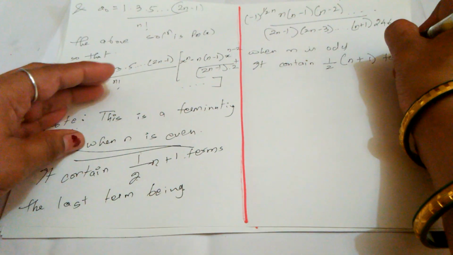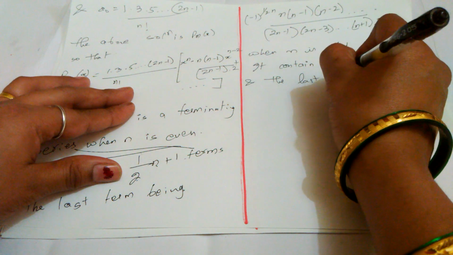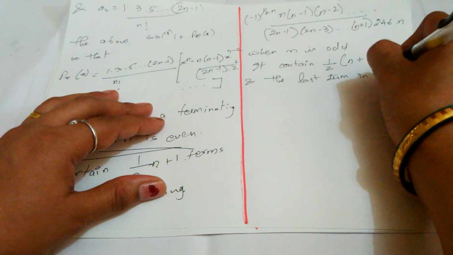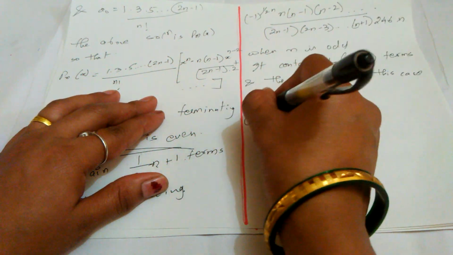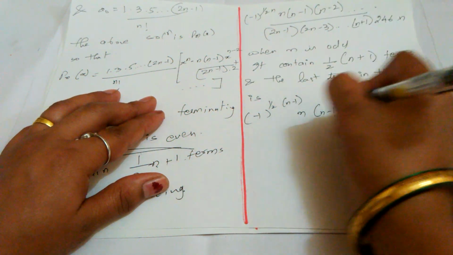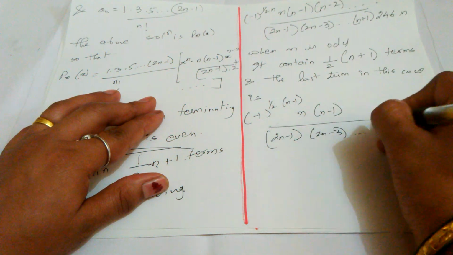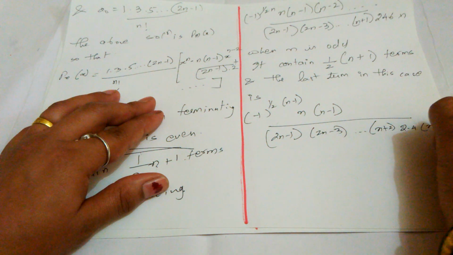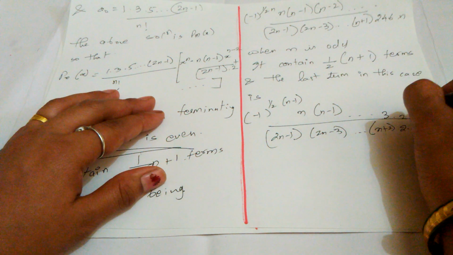Okay, so the terms again, and the last term in this case is minus 1, 1 upon 2, n minus 1, n of n minus 1 divided by 2n minus 1 into 2n minus 3, n plus 2 into 2 into 4 into n minus 1 into 3 into 2, into x.